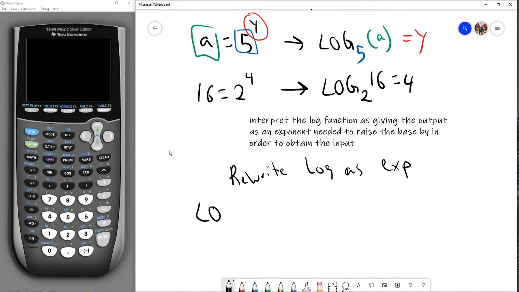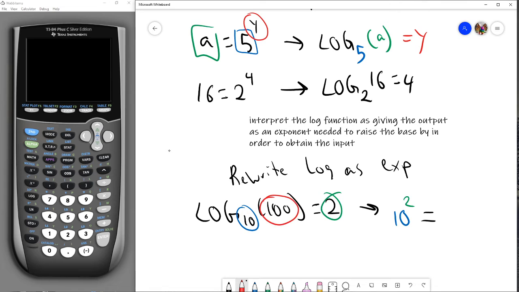So if I have log base 10 of 100 is equal to 2, we can rewrite that as an exponent, where we have our base 10 to our exponent 2 is equal to the 100 here. Alright.